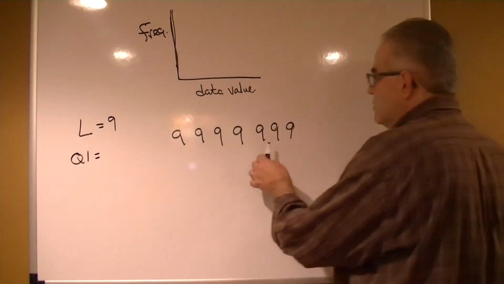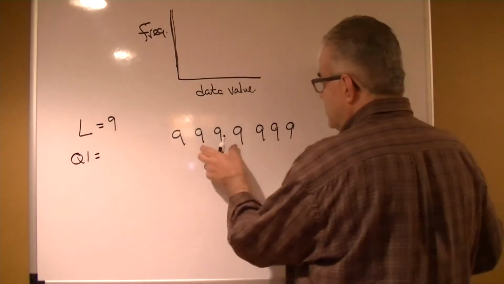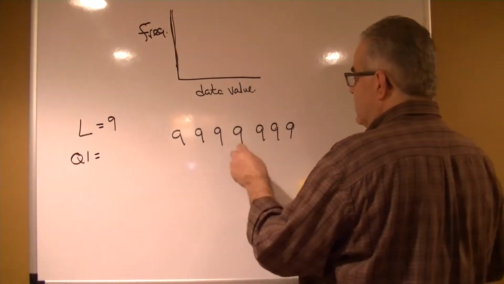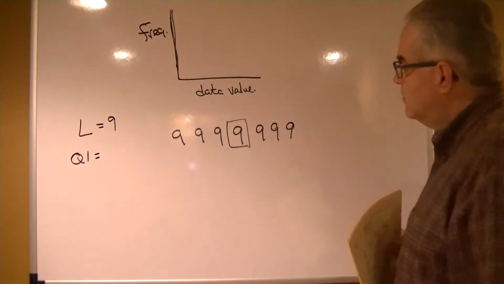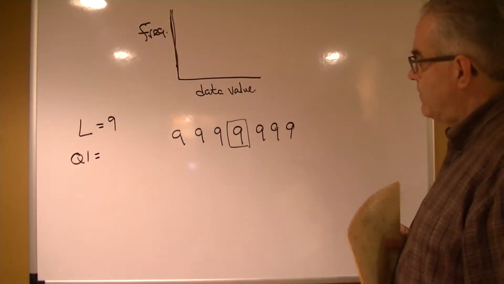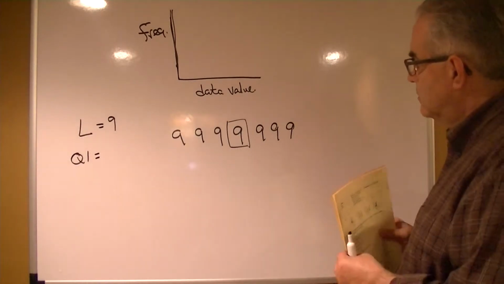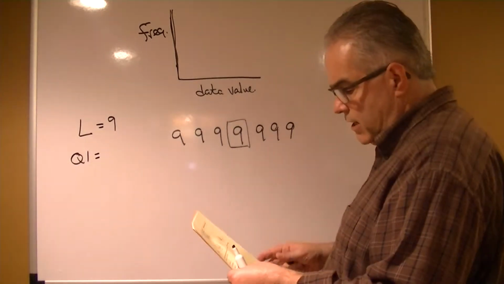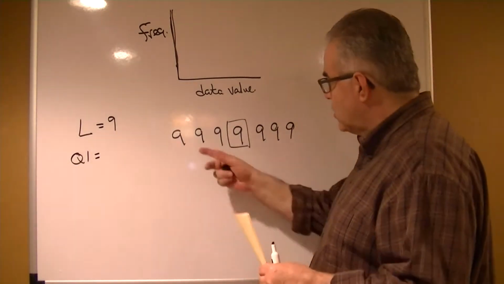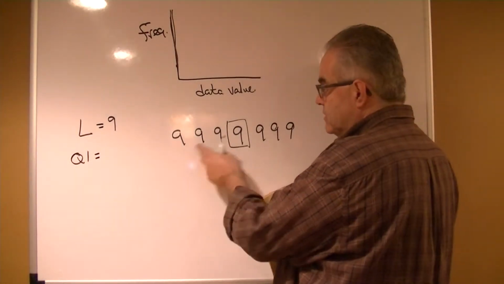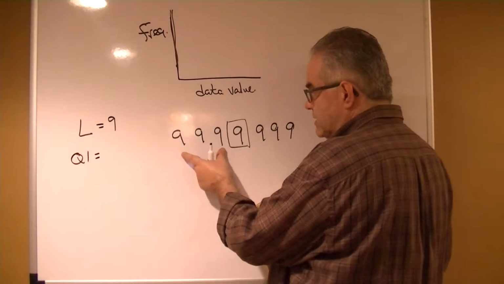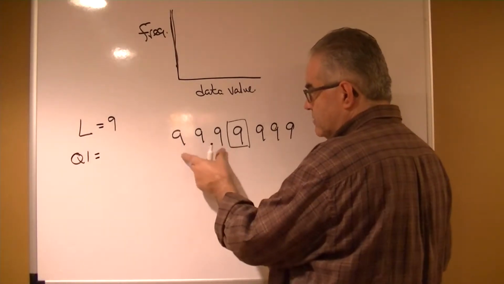So here are our numbers. I got 3, 1, 3. The one in the middle is the median, and then we've got the upper quartile and the lower quartile. They're looking for the lower quartile, which is the median of the lower half. So it does not include the middle 9, but it does include these three 9s.